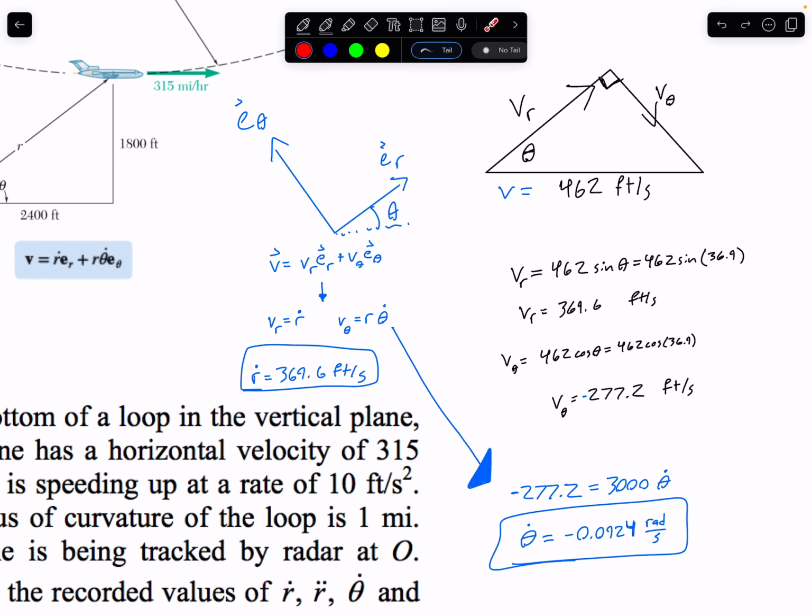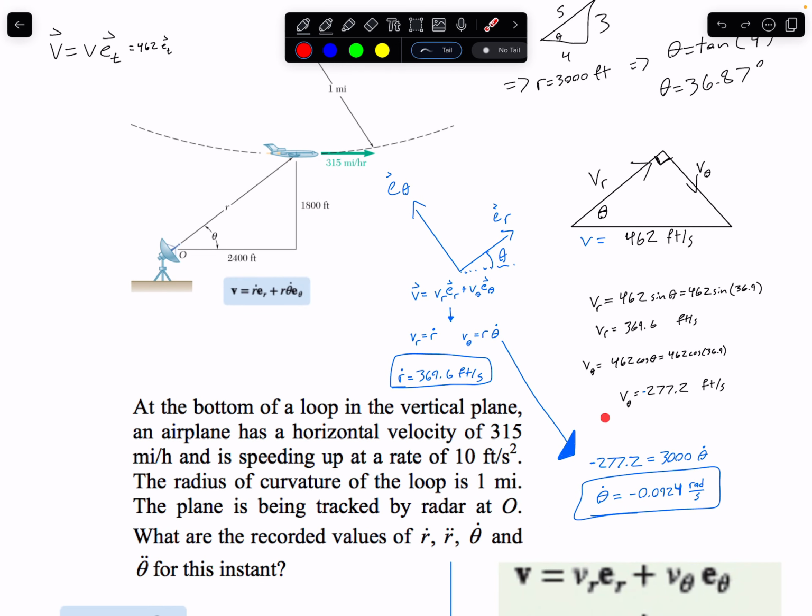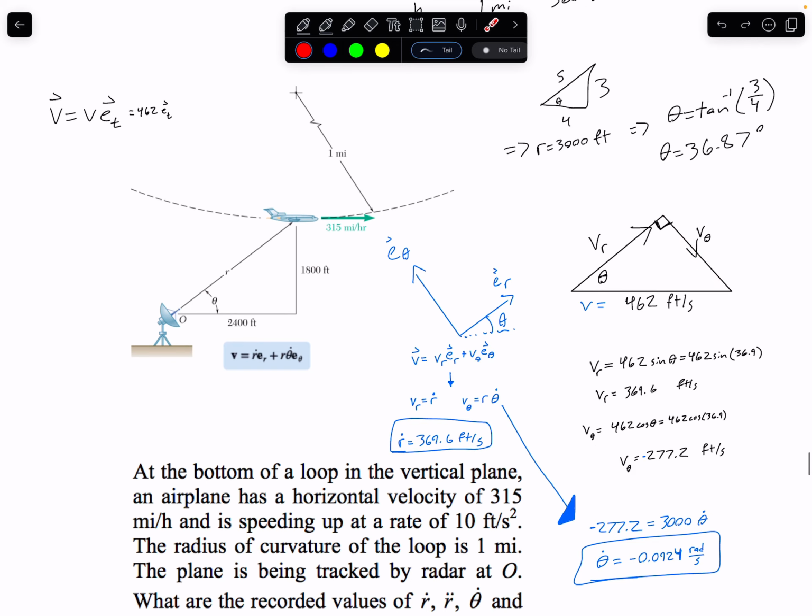V of r is 369.6, and then the omega is negative 277.2 because it's going down. And it doesn't really matter if it's up or down because when you square it, it makes it positive.